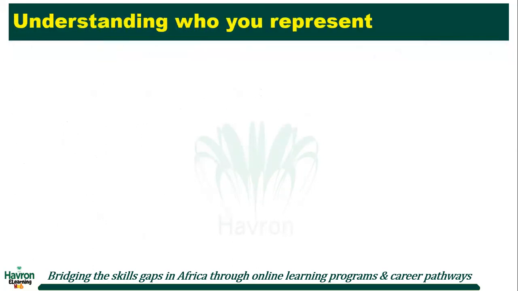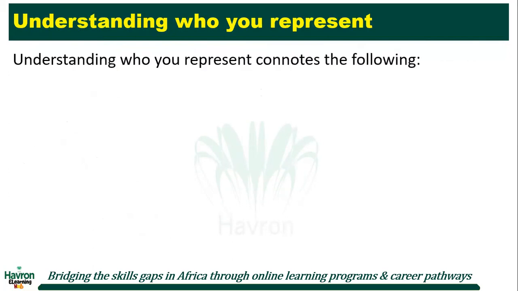Now, understanding who you represent is very, very important, because as an ambassador, you are the image of the country that you represent. And in this case, you are the image of Havron. So we need to understand who Havron is and what Havron represents. Knowing and understanding who you represent connotes the following.